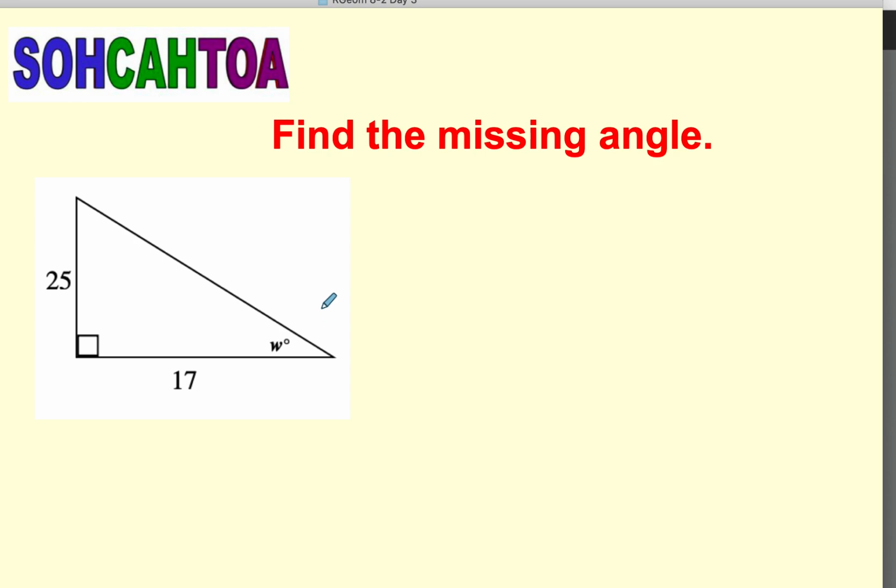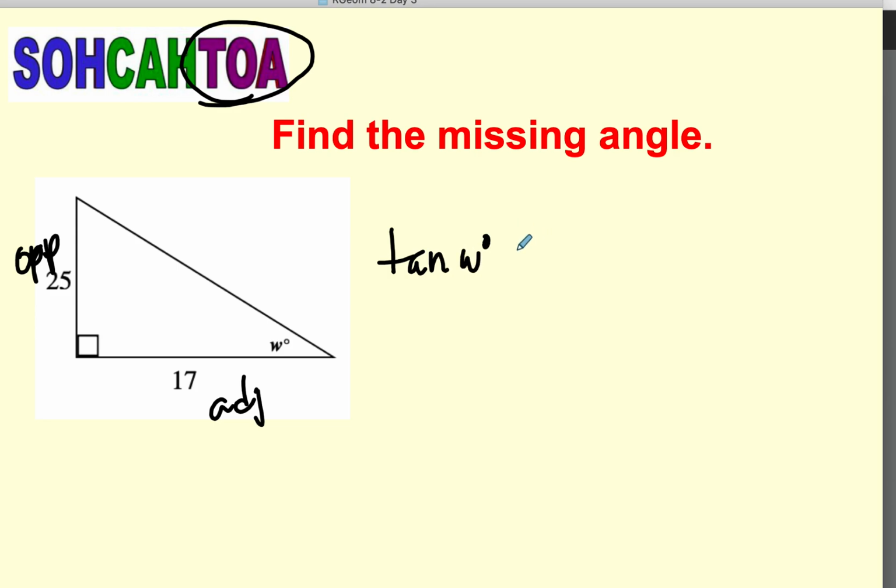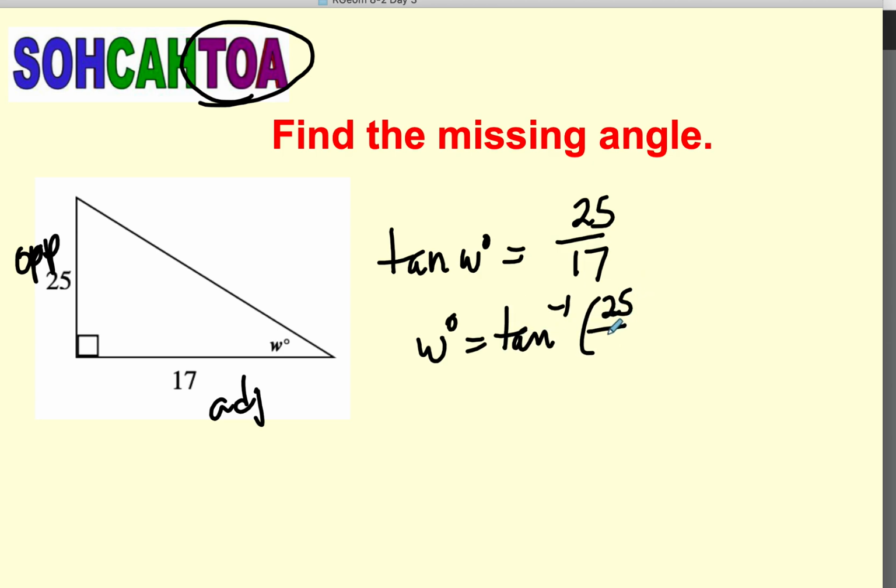All right, this is an opposite for this angle W, and this is an adjacent. An opposite and adjacent, a good one would be tangent. So tangent of angle W, or W degrees, is equal to 25 all over 17. So W degrees will equal tan inverse of 25 over 17.